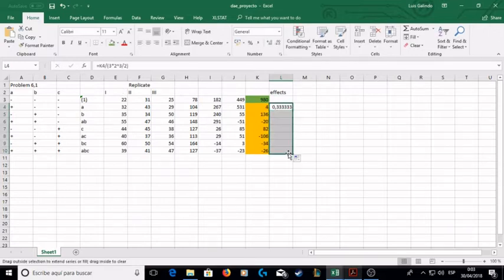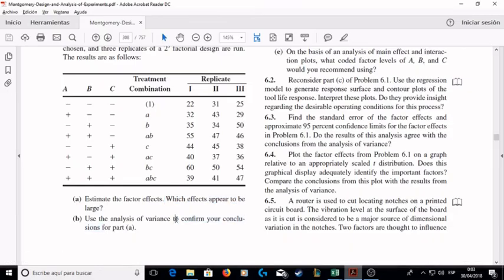We run it. So which ones appear to be big? I would say B, C, and AC, but we will have to check that with an ANOVA table.